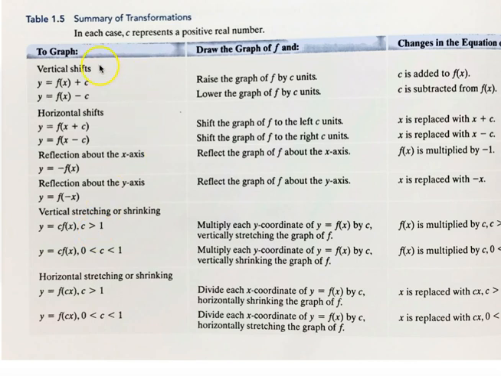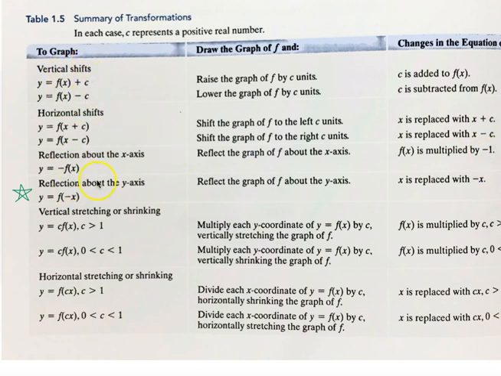Everything in here is what you learned in Algebra 2, except that in Algebra 2, we did not discuss reflection about the y-axis, which is what happens when you replace x with the opposite of x. Reflection in the x-axis we did do, and that's when the negative is out in front, meaning that you're multiplying the y by -1.